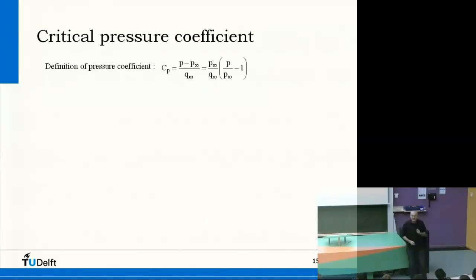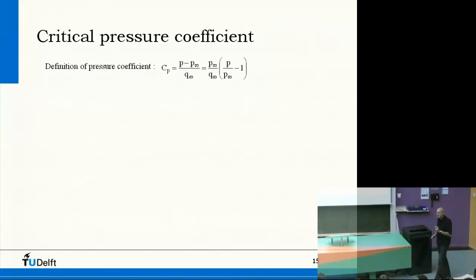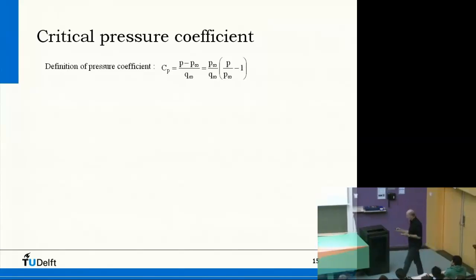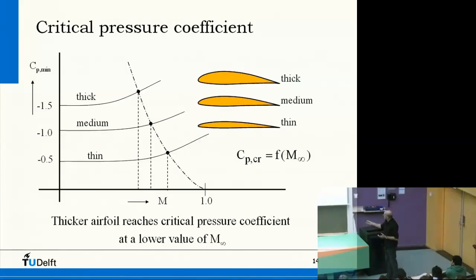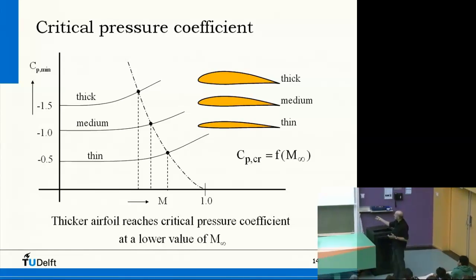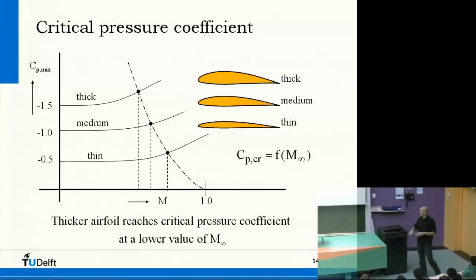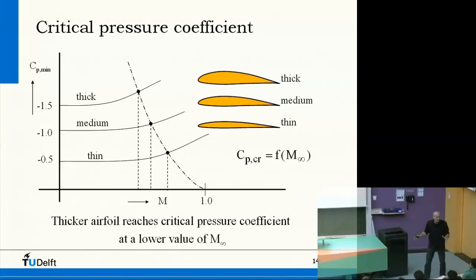If we look at the critical pressure coefficient, we'd like to know an expression for it. This curve here depends on the airfoil, but this depends on compressibility in general, so there should also be a general equation.